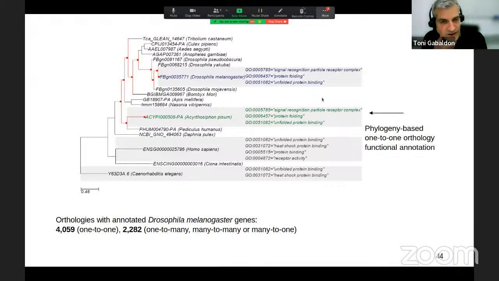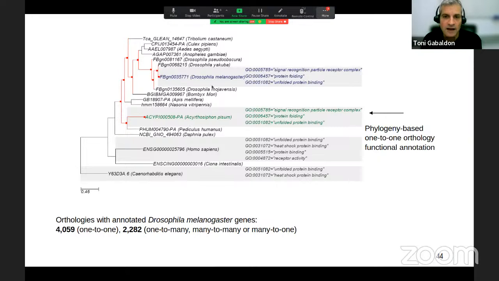One first thing you want to do with your genome is to annotate, not just find what genes are there, but also annotate the function of the genes. In this case, the pea aphid was quite far away from the model species. The model species in insects is Drosophila melanogaster, which is quite far away, and it was difficult to detect one-to-one orthologs or one-to-many orthologs between these species.